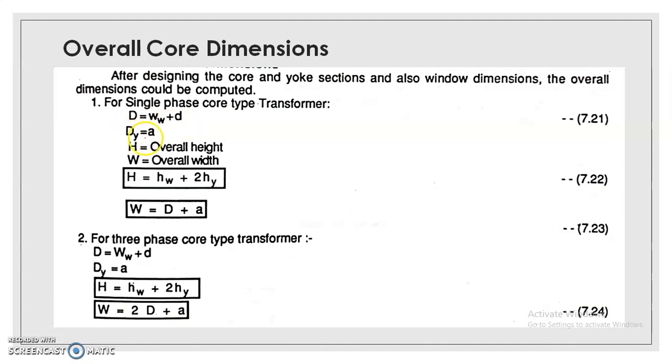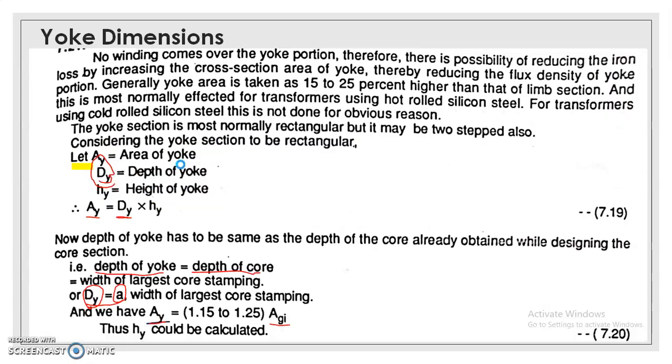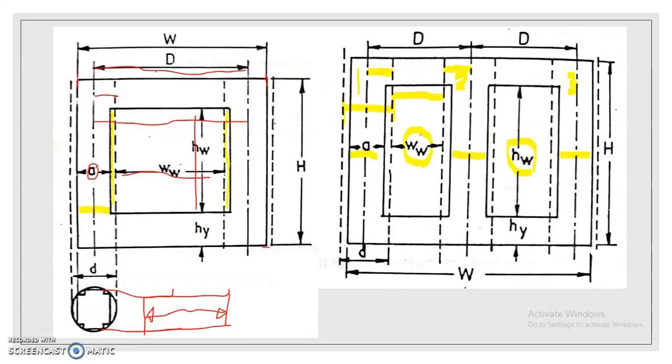So like that, dy is equal to depth of the yoke is equal to width of the limb, or core, depth of the core, that is dy is equal to A. Capital H is nothing but the overall height, and W is nothing but the overall width. Let's see how to calculate the capital H and capital W. If you want to calculate the capital H, simply you can see here, from the bottom I am starting.